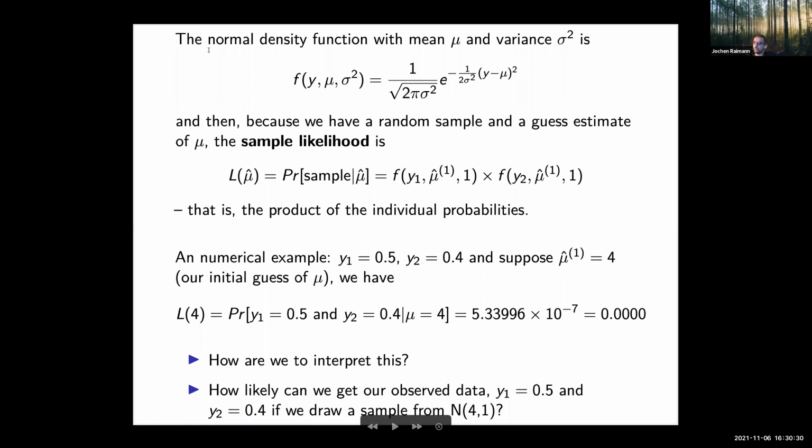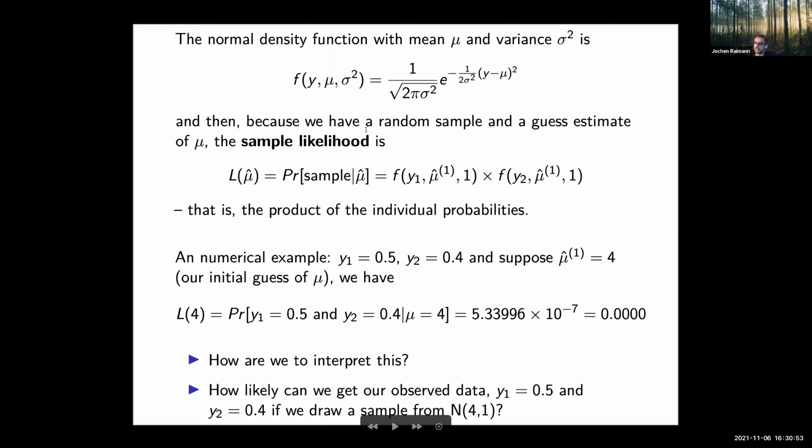Okay, we're plotting this normal density function with a mean of mu and a variance sigma squared. We are getting to a function of y, mu and the variance sigma squared, and this equals our normal distribution function.